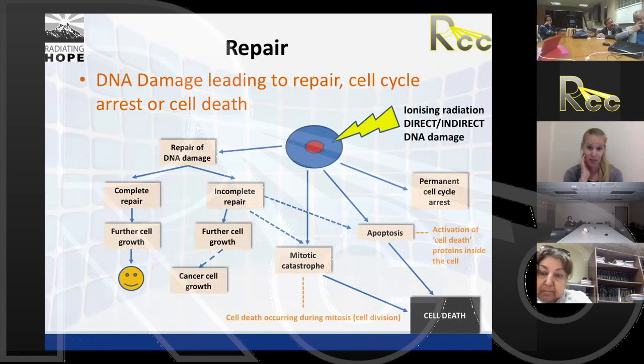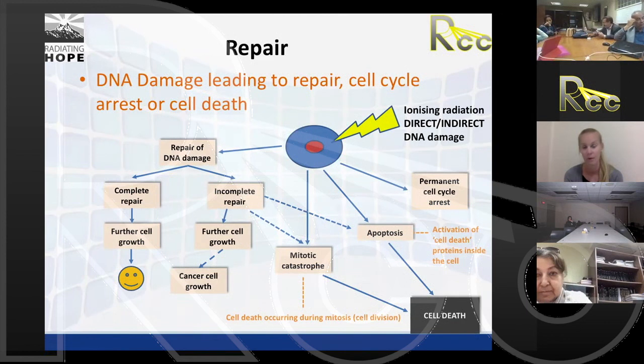So this is just a little bit of a schematic about what can happen when a cell has its DNA damaged. You've got your ionizing radiation coming in, and you've got your direct or your indirect damage being done to the DNA. What can happen in that case is you can have permanent cell cycle arrest.